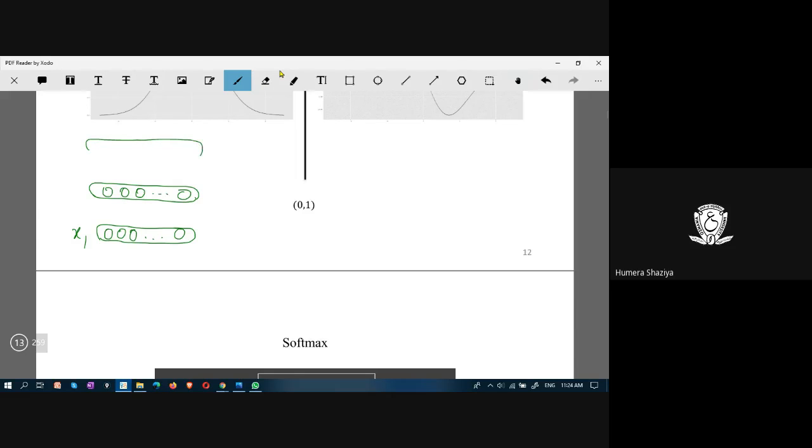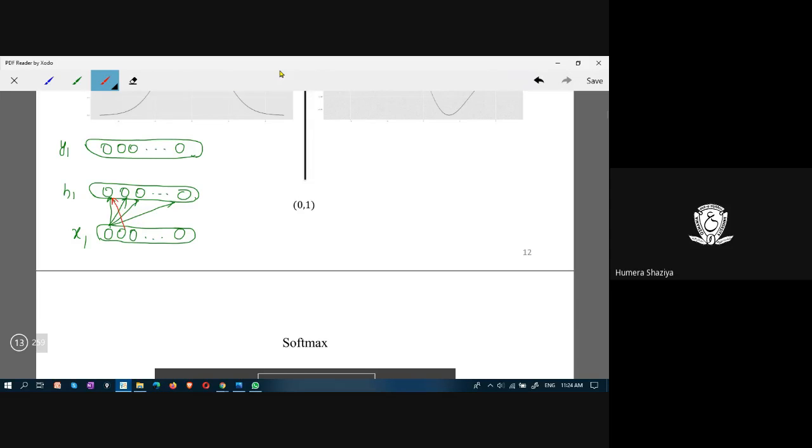Likewise, a similar number of values in Y. And these are connected, this one is also connected, and likewise all are connected. The same thing happens here.